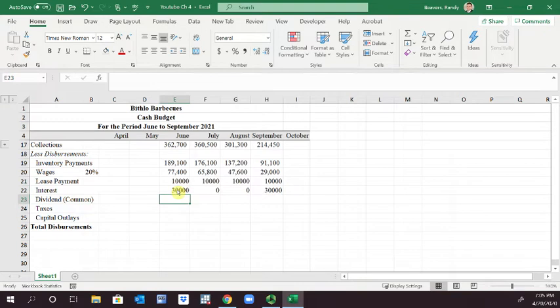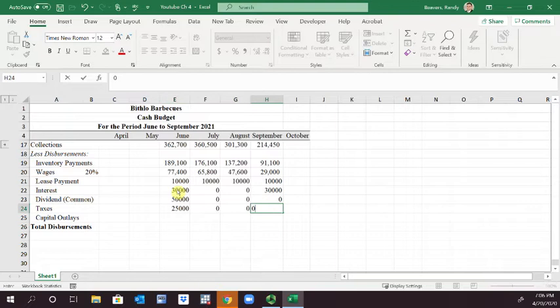They're going to pay common dividends of $50,000 in June and none the rest of the periods in time. Taxes will be $25,000 in June and $25,000 in September. And we're going to plan to have a capital outlay, maybe. We'll talk about that later. In July of $10,000.